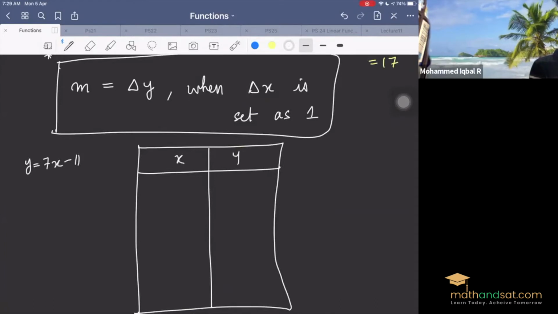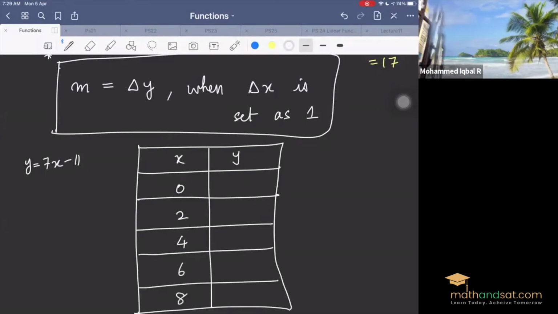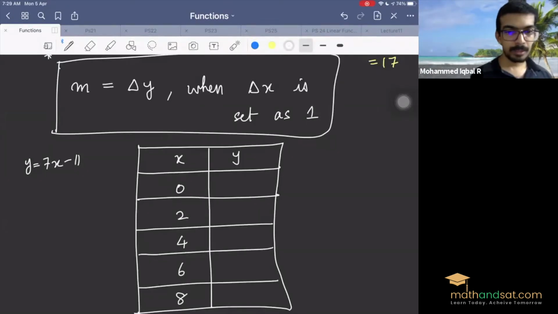But instead of choosing the inputs as 0, 1, 2, 3, 4, I'm going to choose the inputs as 0, 2, 4, 6, and 8. Instead of changing the input by 1 unit, I'm going to change the input by 2 units. Every time I'm going to increase the input by 2 units. Let's see what happens to the output.